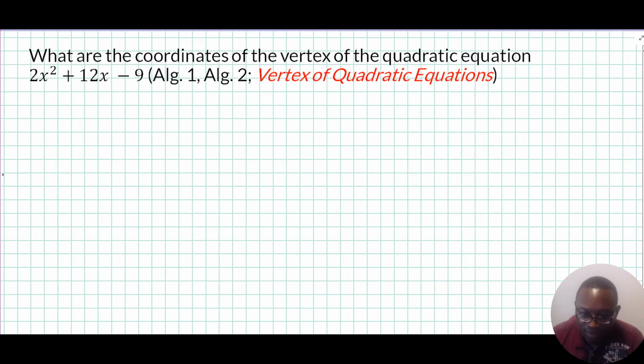Okay, I'll give you some time, maybe about a minute or so, to attempt to get the coordinates of the vertex of this quadratic equation or expression. Let's put a 0 here to make it an equation.